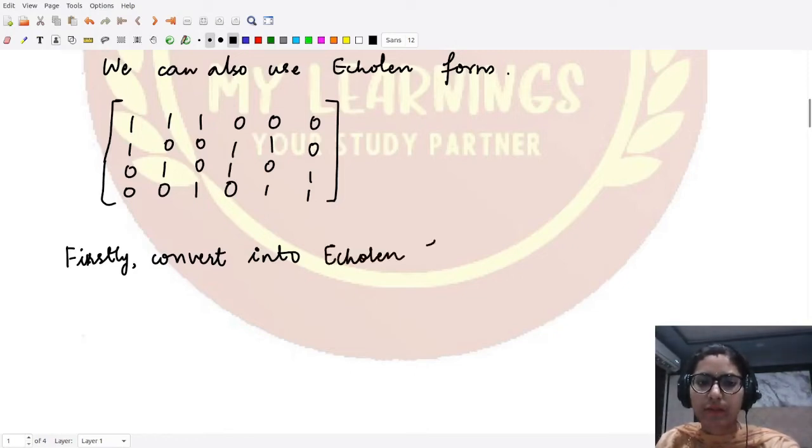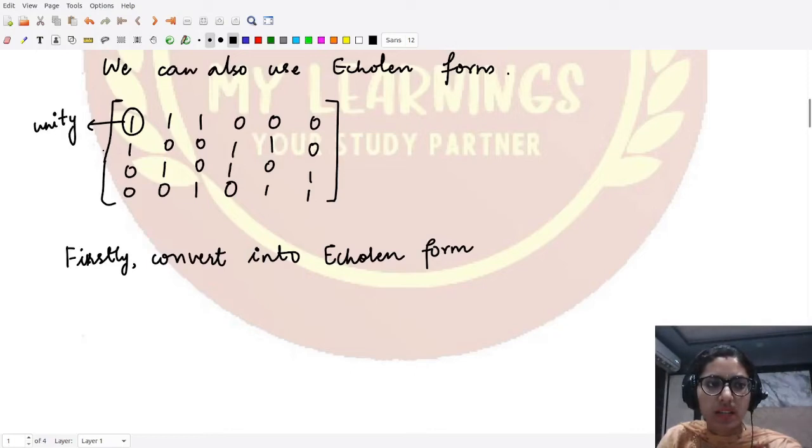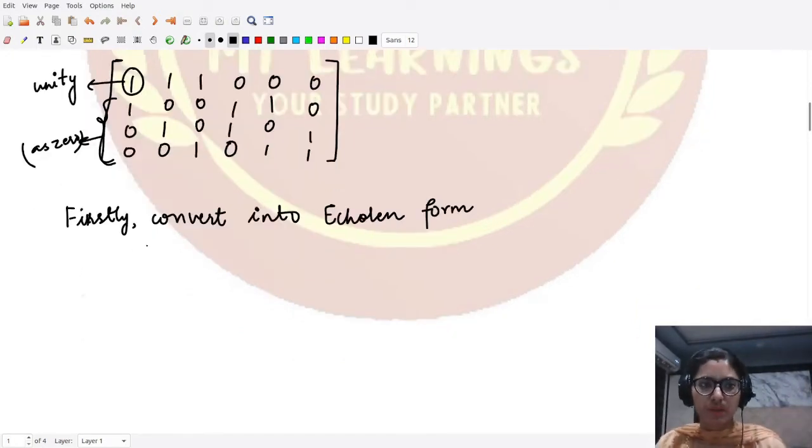If you remember, we keep the first element from this row and column as unity, as 1, and make all the other elements zeros. How can we make them 0? We can apply elementary row transformations. Here this element is itself 0, so no need to perform anything. We have to make this element zero, and how can we do that?